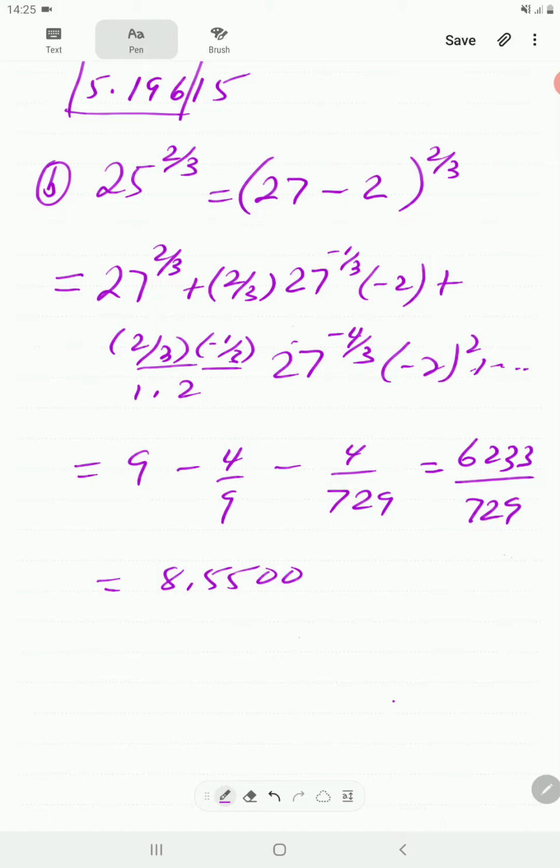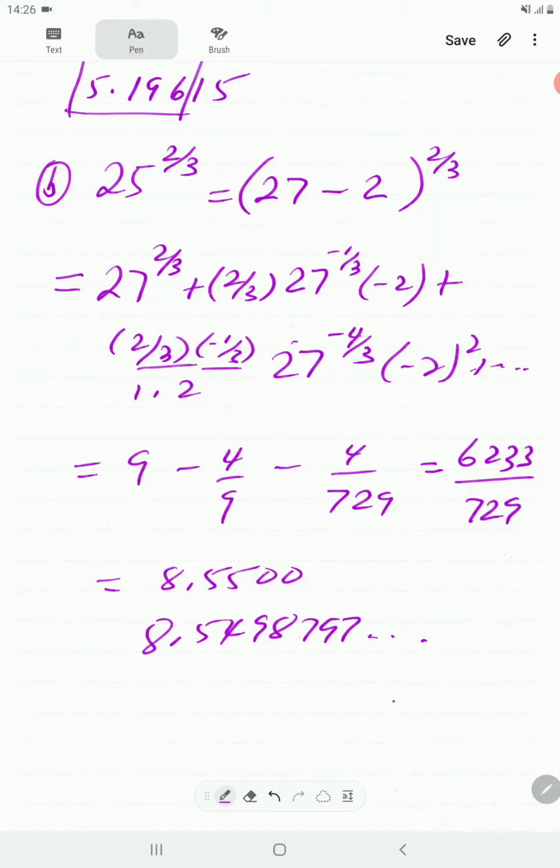If we punch 25 to the power 2/3 in the calculator, it gives us 8.5498797.